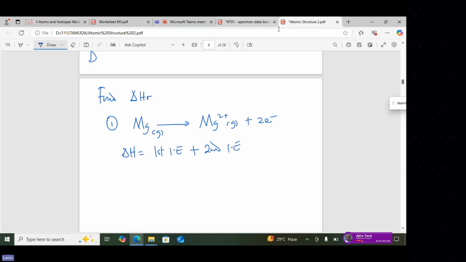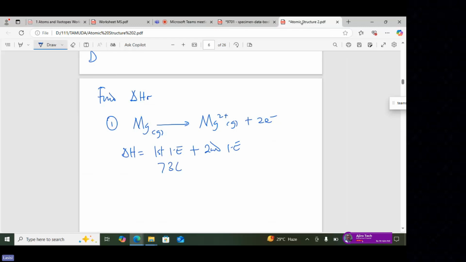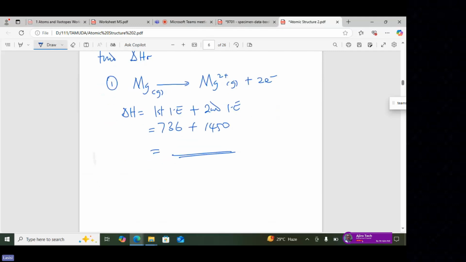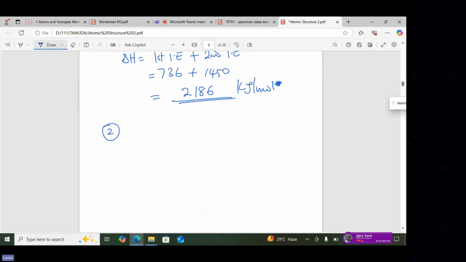Just copy the values: 736 plus 1450 gives 2186 kilojoule per mole.